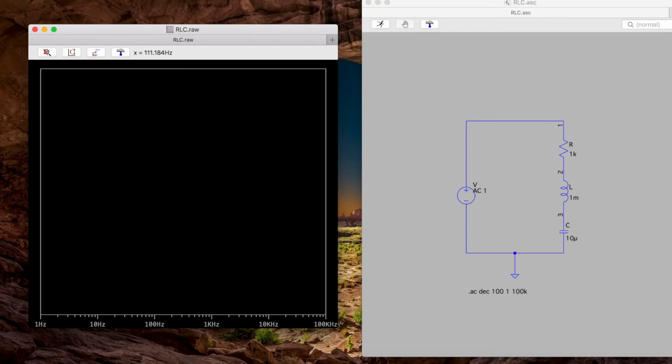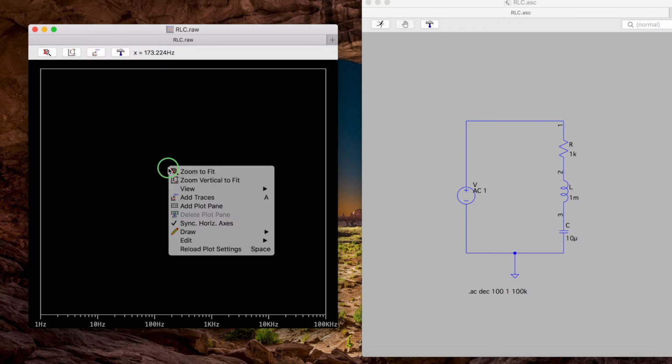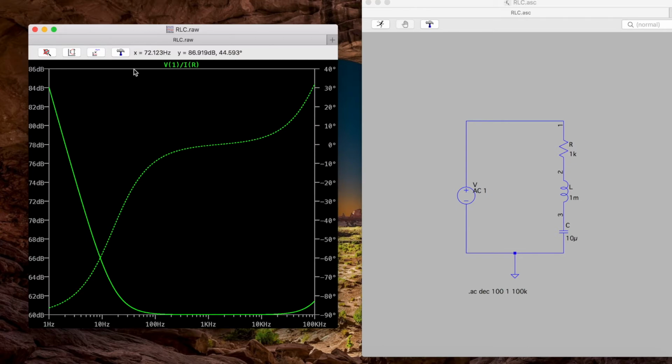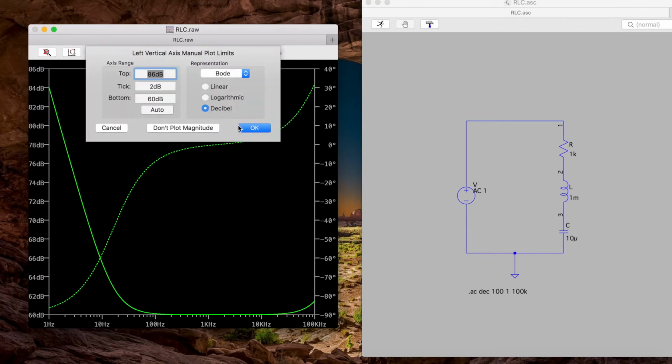To observe the impedance, right-click, select Add Traces, and enter this expression, V1 over the current. So this is the impedance of the RLC circuit. Right-click on the left axis and change decibel to linear.